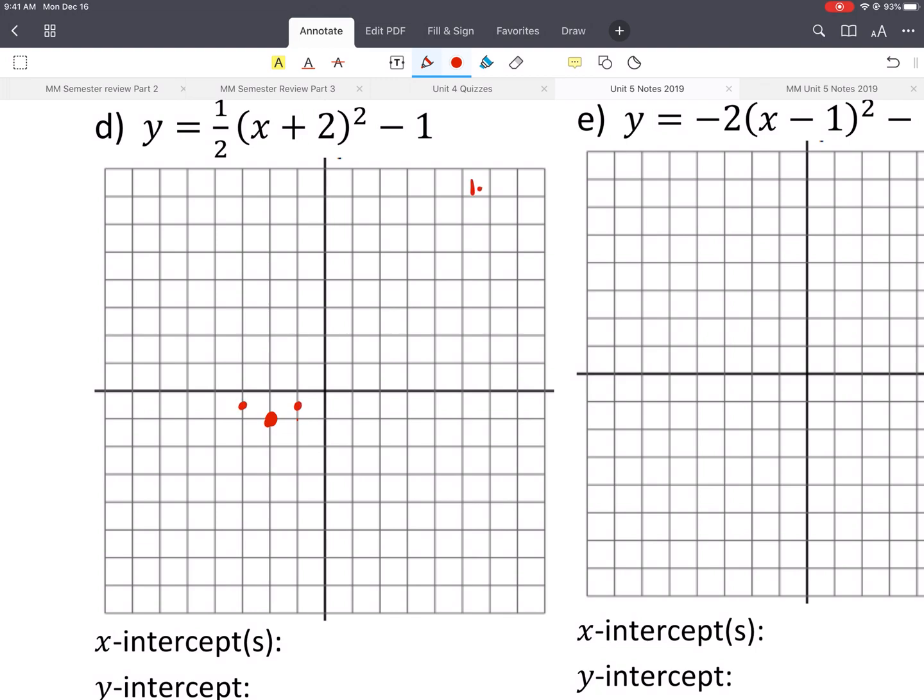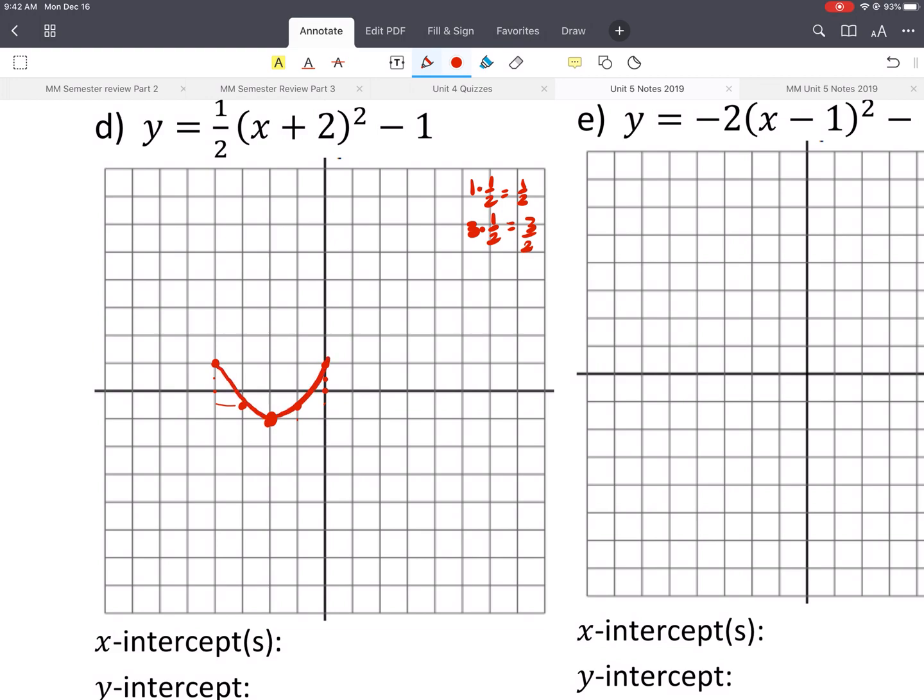So 1 times 1/2 is 1/2. 3 times A would be 3/2. So we'd go over 1, up 1/2, and over 1, up 3/2. Over 1, up 1/2, over 1, up 3/2.